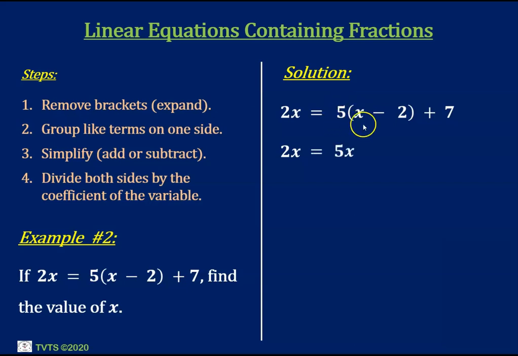And 5 times negative 2 is negative 10. Then plus 7. Let's move 5x to join 2x at the left hand side. And remember that a positive value at the right hand side becomes negative at the left hand side, and vice versa.